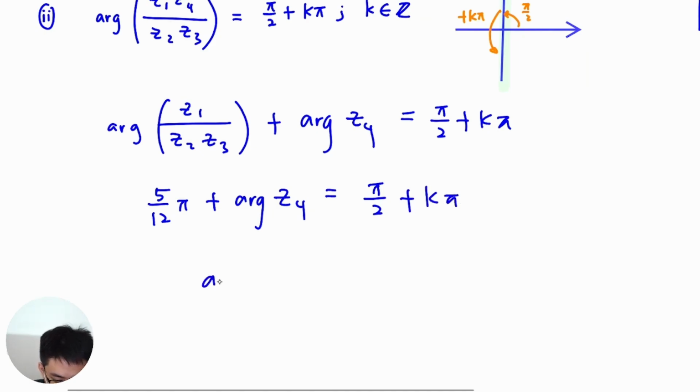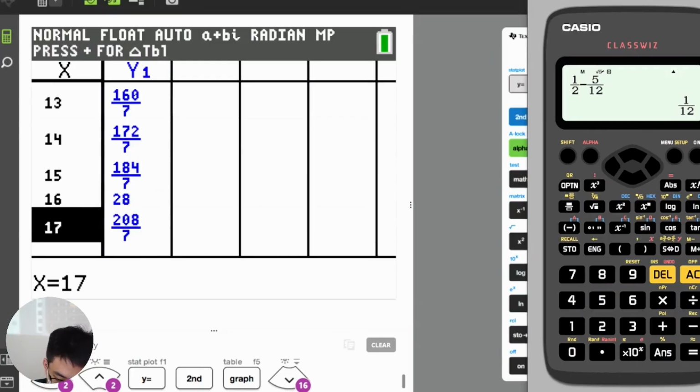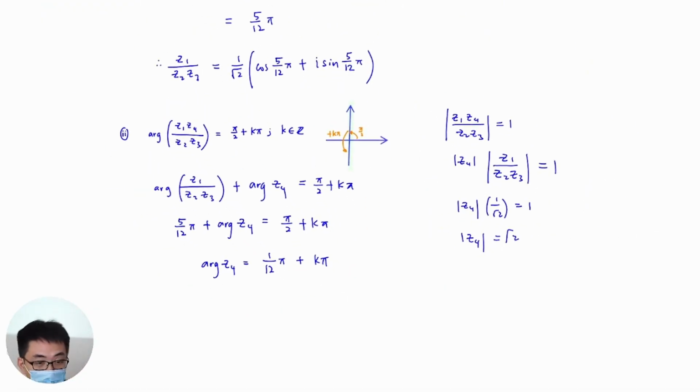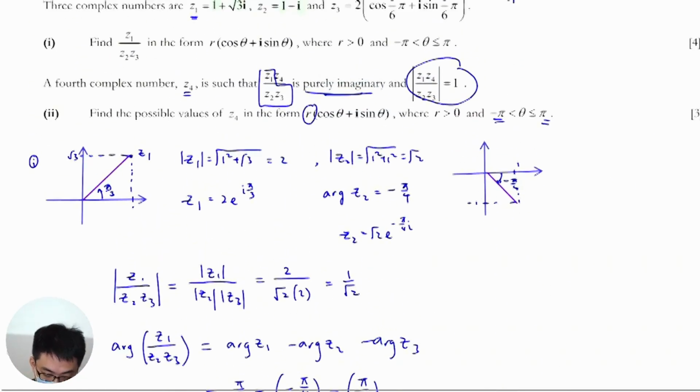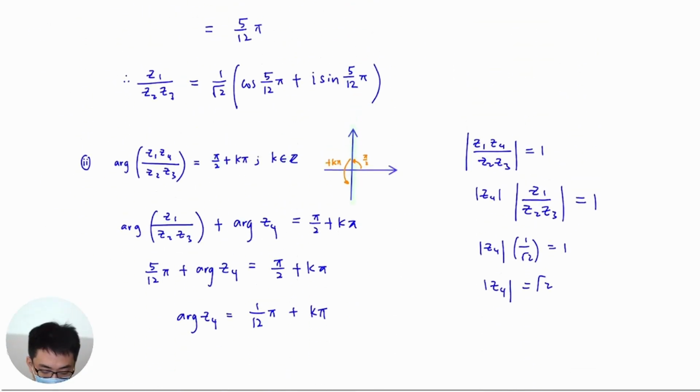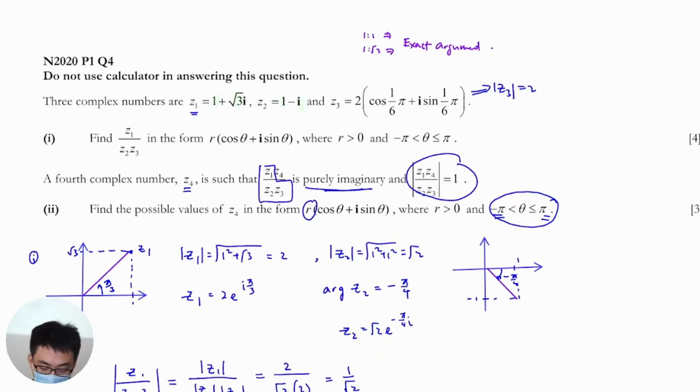Then there you go. Because argument of z4 has to be between minus pi and pi, right?